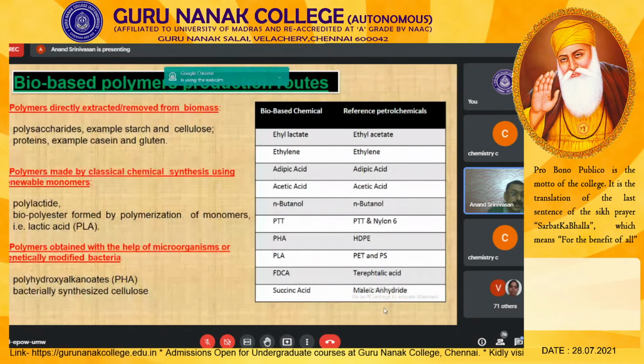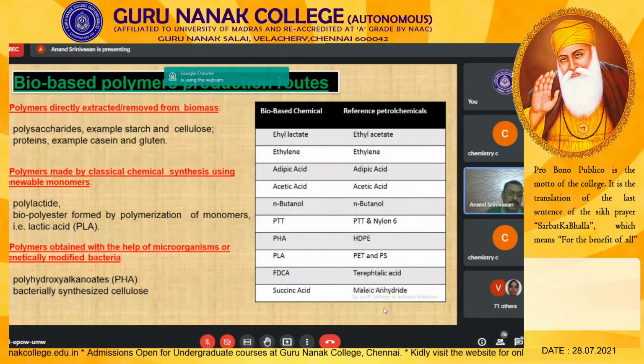The third route of production is polymers obtained with the help of microorganisms. As I told you, microorganisms are capable of producing polymers. The microorganisms include bacteria. As I told you, one of my research scholars was able to use gram-negative bacteria which synthesize curdlan. Curdlan is one of the polymers which is finding plenty of application in biomedical and healthcare.